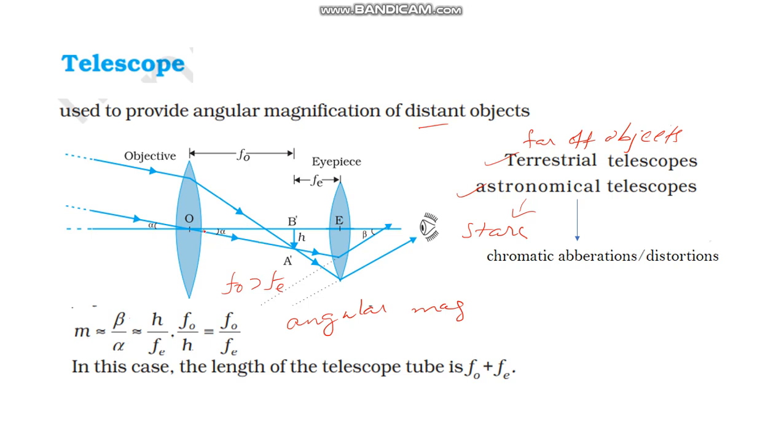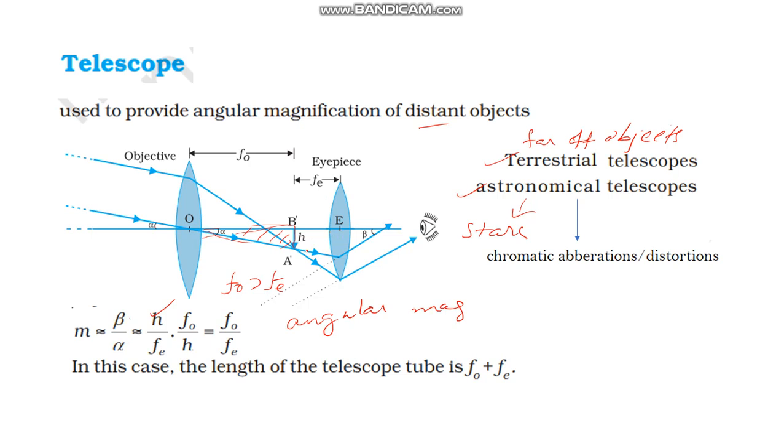You see this triangle, it is h by fo. Tan alpha we have found out. Now we have to find tan beta. Tan beta means we have to find this.